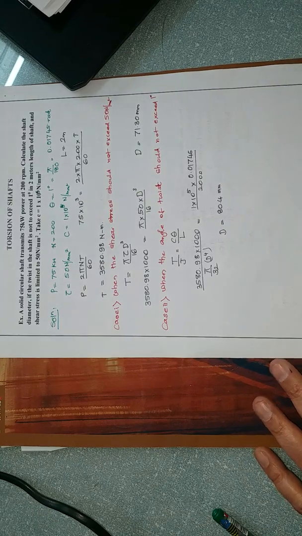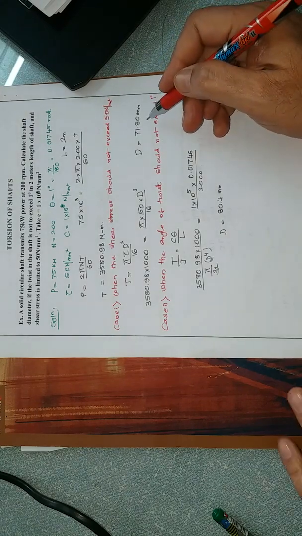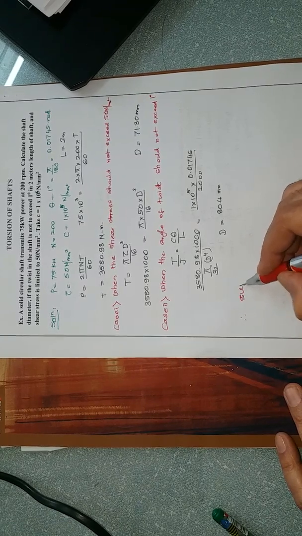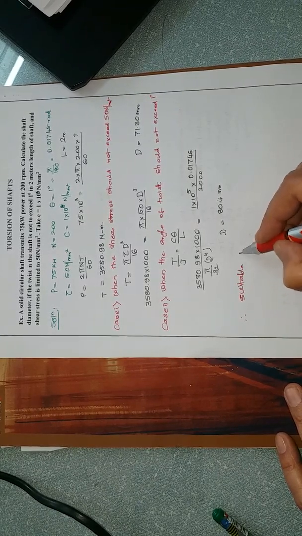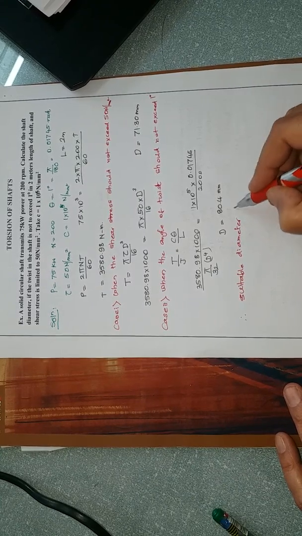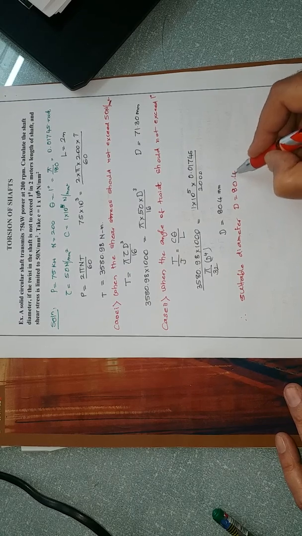Okay. So the suitable diameter is the greatest of these two. Therefore the suitable diameter considering both the conditions, D, is 80.4 mm.